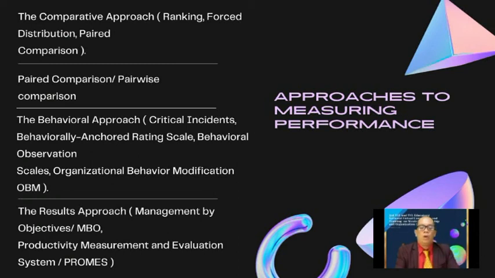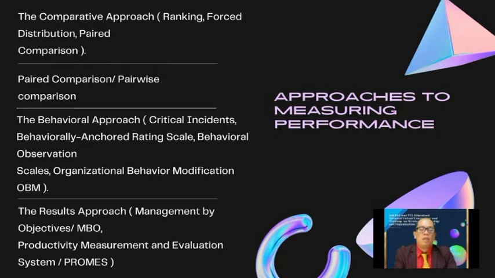Once all the pairs have been compared, the manager computes the number of times each employee received the favorable score, counts up the number of points, and this becomes the employee's performance score. The method is criticized as time-consuming for managers, especially if his span of control is wider and bigger in terms of the number of employees reporting to the manager.